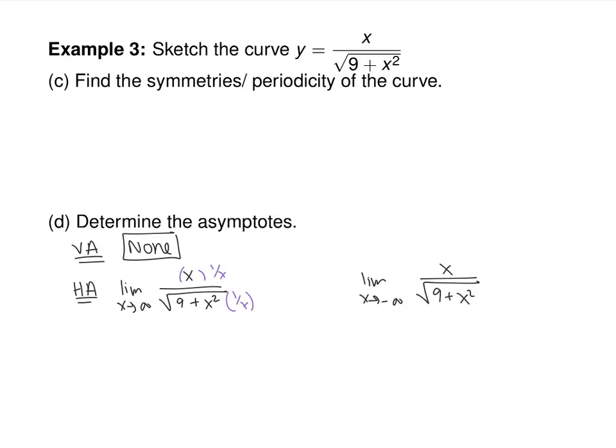And what happens to that 1 over x when it goes inside the root sign? It gets squared. So it'd be 1 over root 9 over x squared plus 1, right? So where's that going? I think it goes to 1. The 9 over x squared blows up to 0, right?